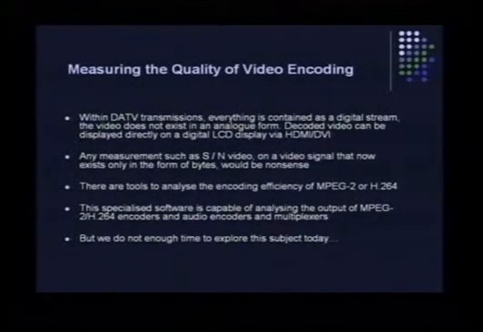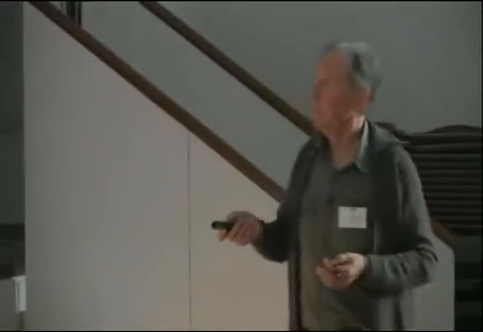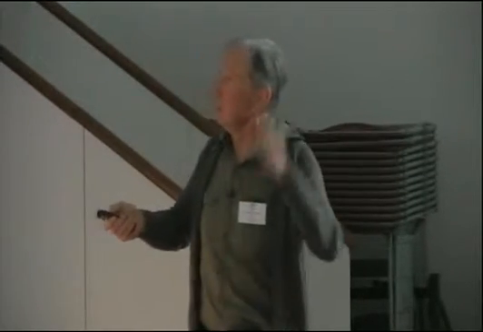And at the end, we can also make measures on the video. We cannot do any analog measure because the video you receive is only digital information. So we cannot use SNR video that someone uses in analog TV.